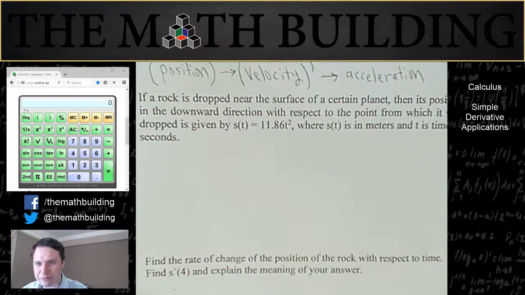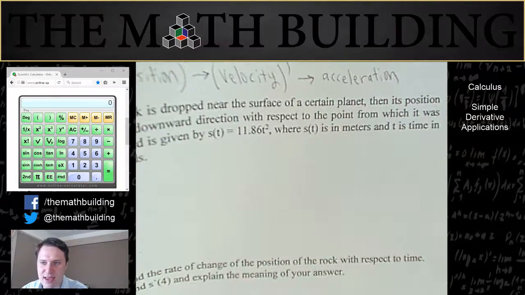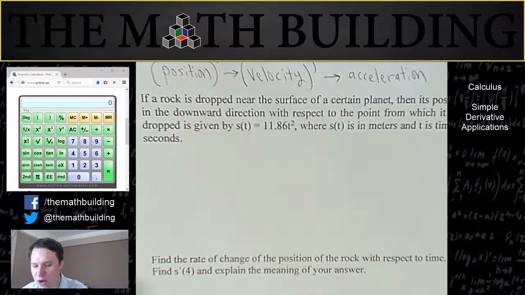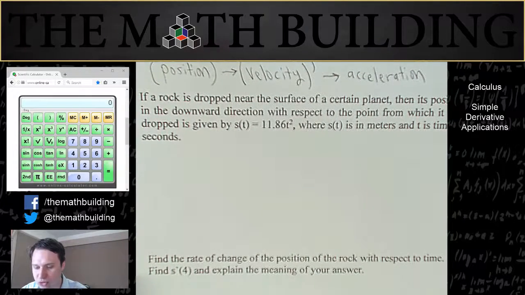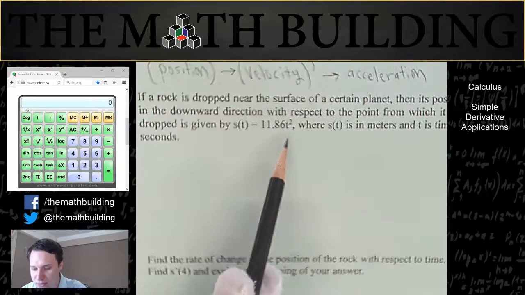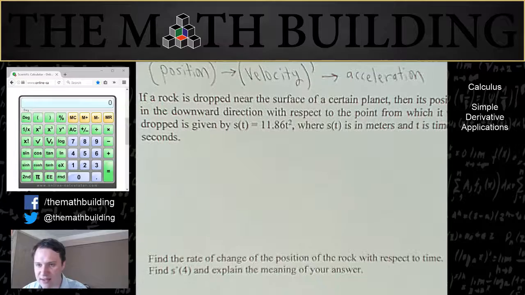This first one is, if a rock is dropped near the surface of a certain planet, then its position in the downward direction only, with respect to the point from which it was dropped, is given by this equation, where S of t is in meters and t is the time in seconds.